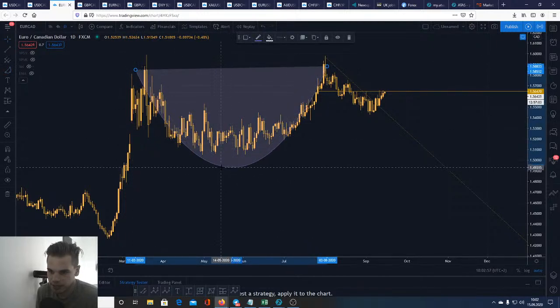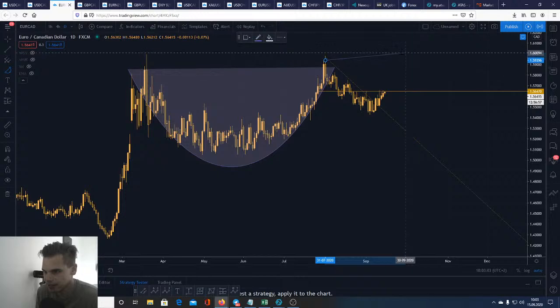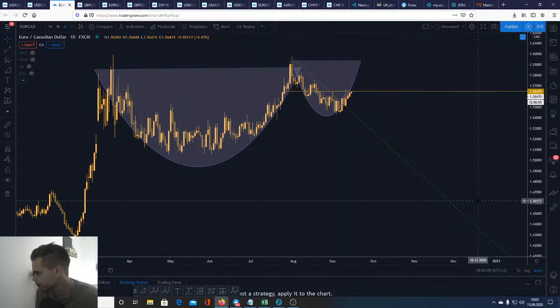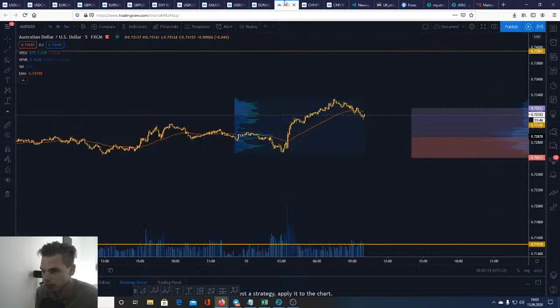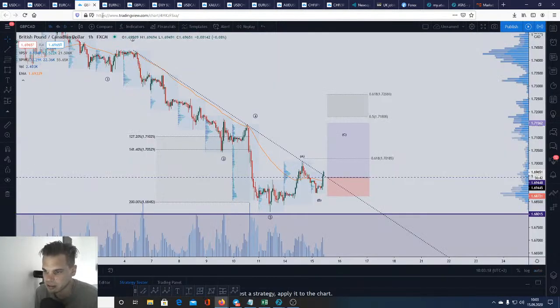The arc, this is the cup, and this is the handle. Then you have a cup and handle, and it could move up. But personally, I'm not a big fan of it. I won't trade it. I don't really like it.